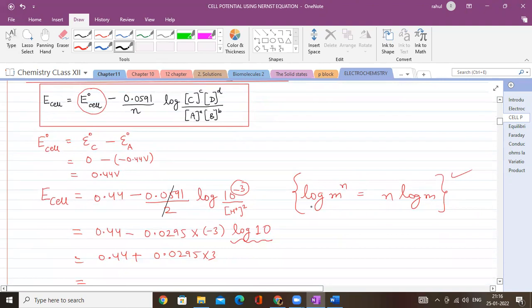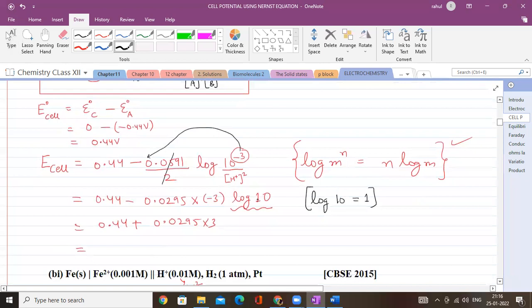I have already told you log m to the power n is n log m, so this minus 3 comes in front, and log 10 is how much? 1. So if I solve this now, it is 0.44 minus into minus, plus 0.0295 into 3.